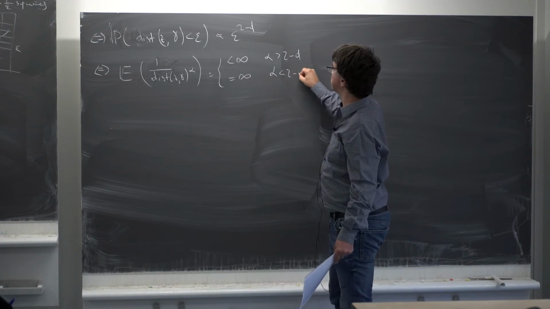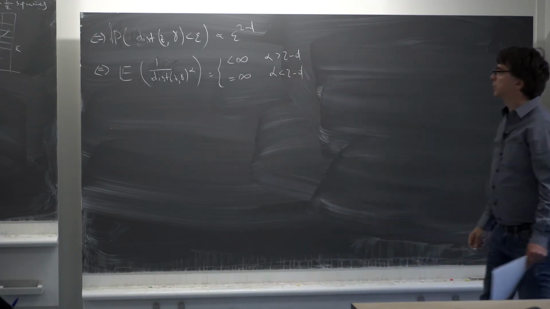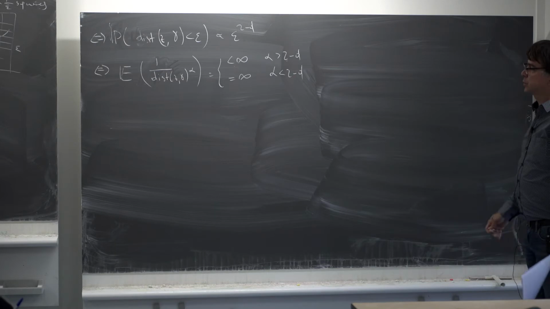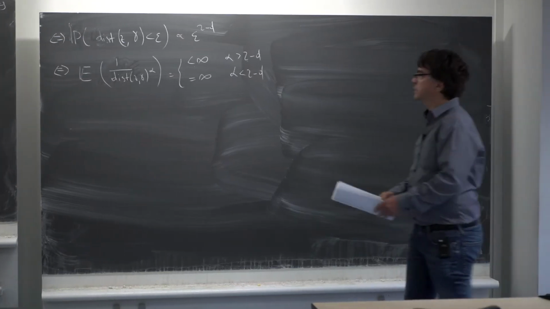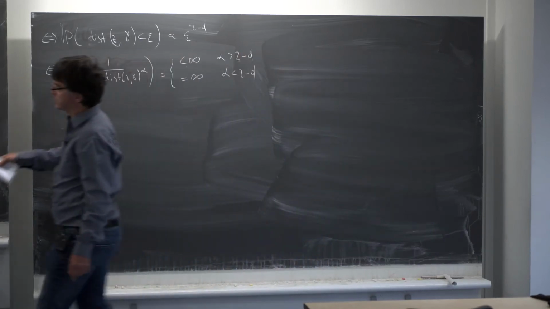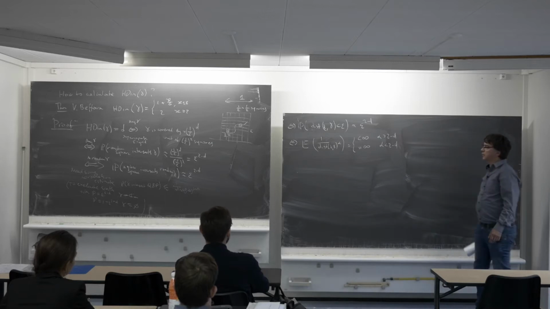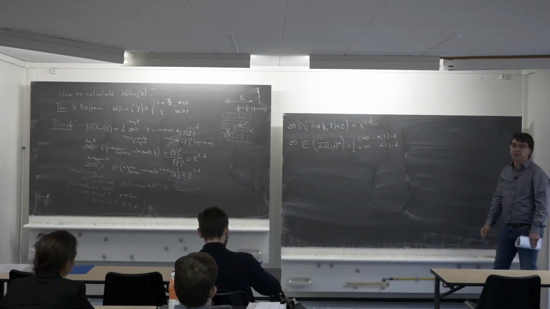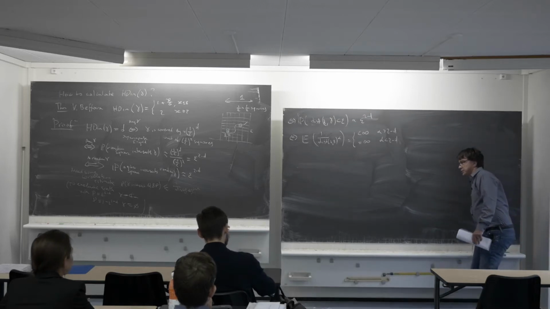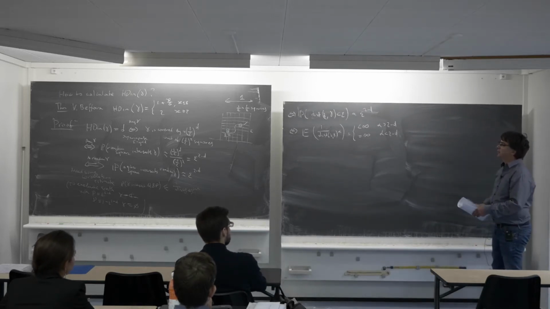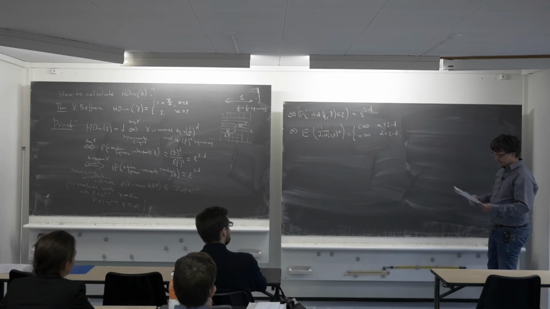When alpha is smaller than 2 minus d, you will have infinite expectation, because 1 over x is not integrable on a line. What I write now, if you have a correlation estimate, then with some work it gives rigorous equivalences. If you don't have correlation estimates, that's what physicists would do in a statement like that. They would just rewrite it in the way that's easier to compute.